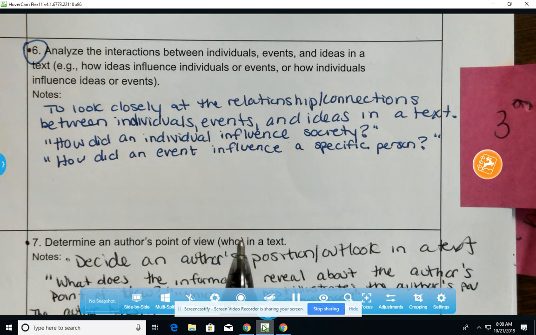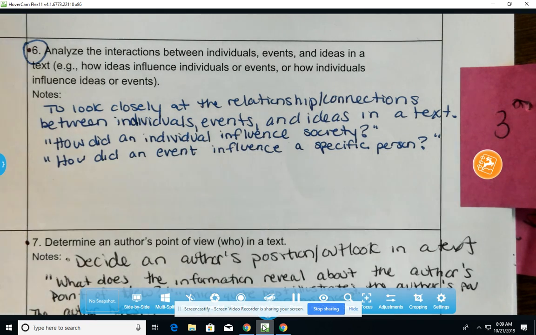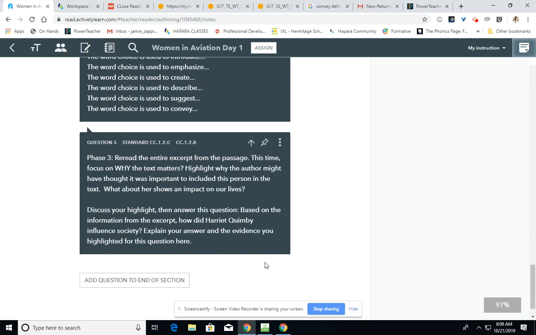In this case, we're going to focus on how an individual mentioned in the close reading influenced our society today. So for that one, when you read it that third and final time, I want you to focus on why that text matters. Highlight why the author might have thought it was important to include this particular person they mentioned in this section of the text.